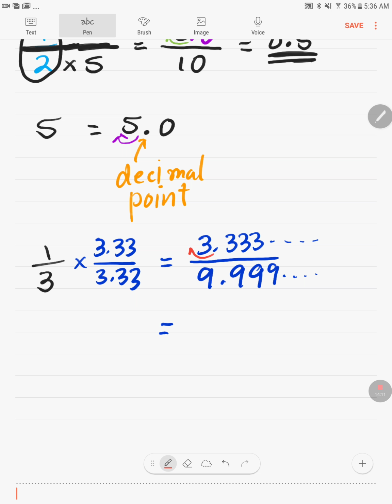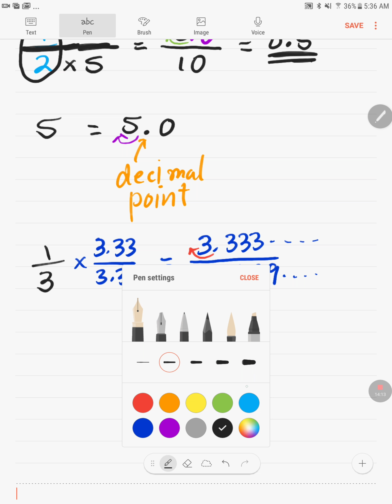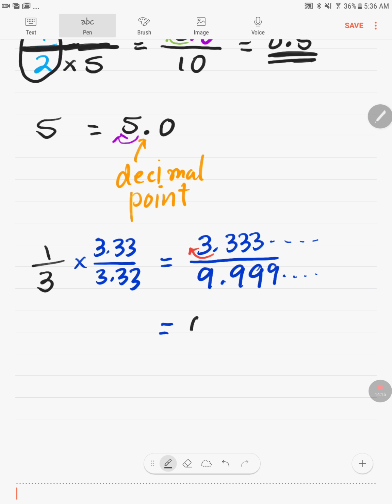We move this point 1 unit this way, and it becomes 0.3333, and it continues. To represent this continuation, we place a bar here, just to show that it continues. So we could just show it as 0.3 bar.